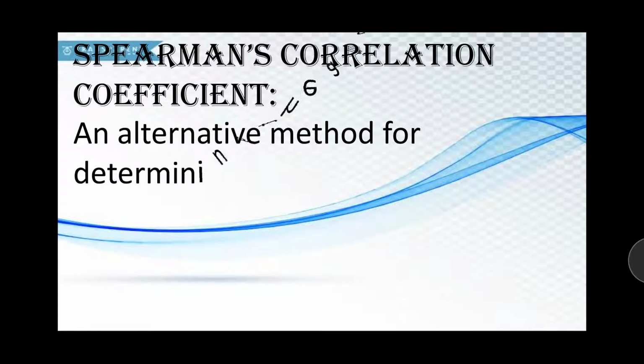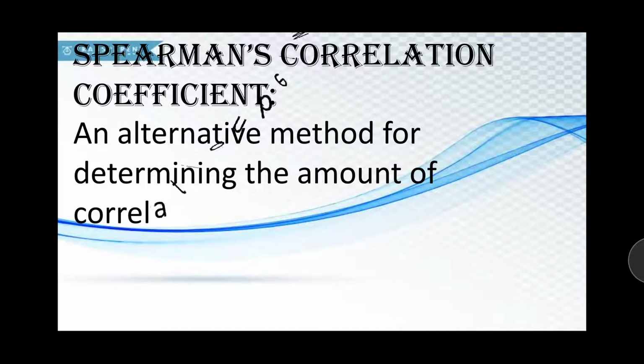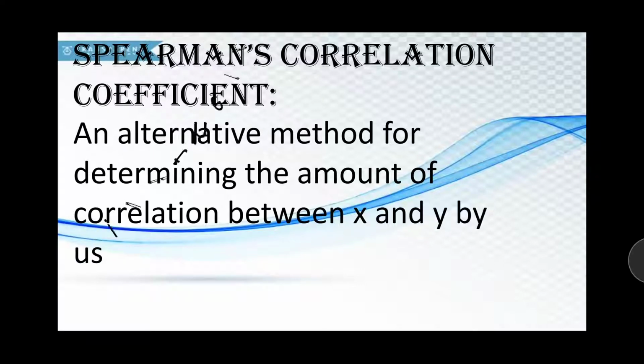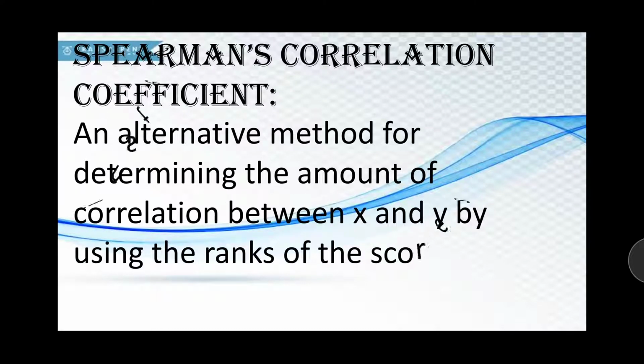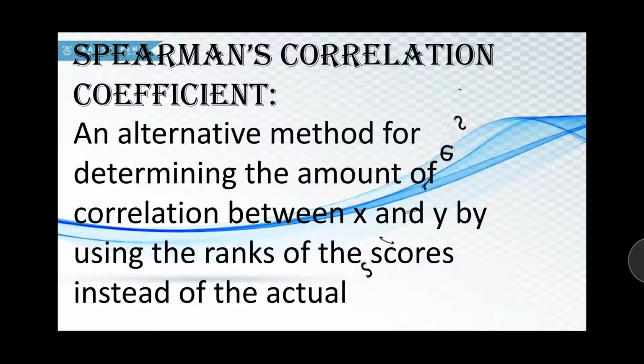It's an alternative method for determining the amount of correlation between X and Y by using the ranks of the scores instead of the actual scores. The last one we did, the product moment correlation coefficient, we made use of the actual scores. But this is another method.